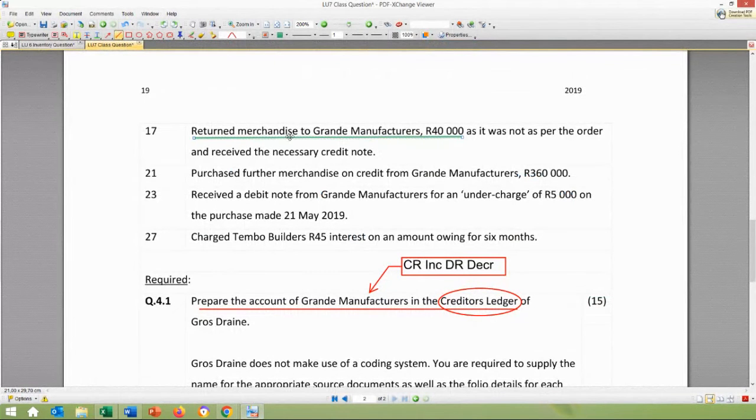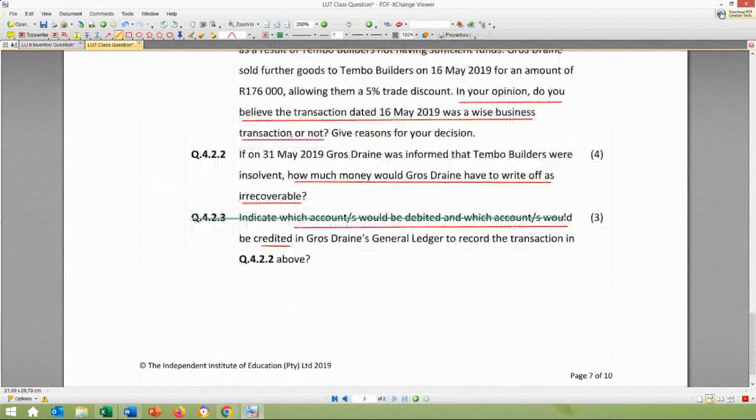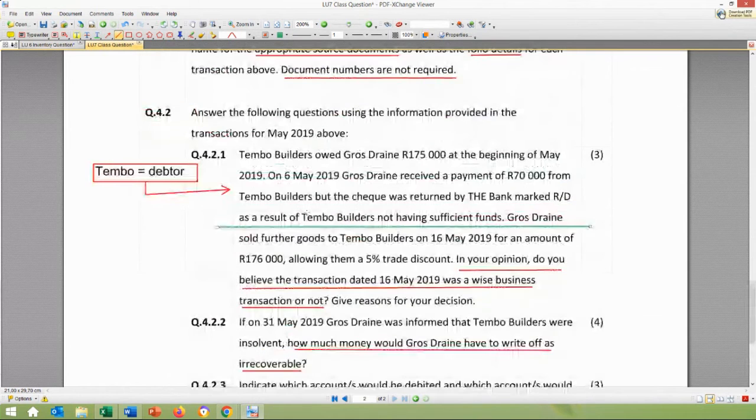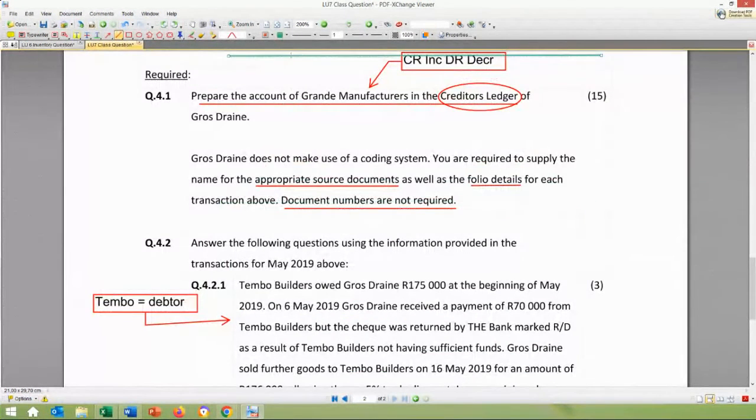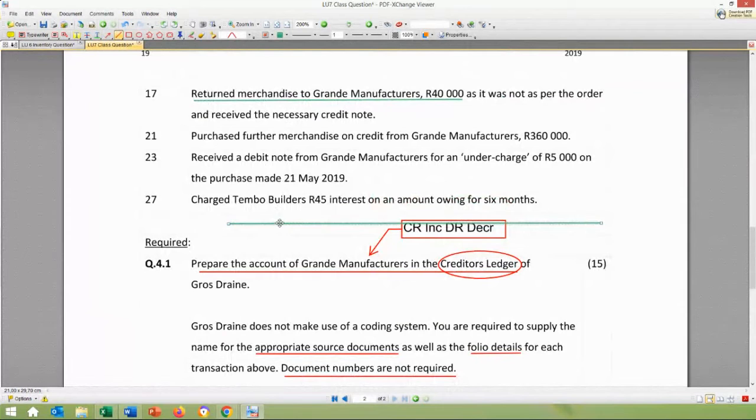Then we purchase further merchandise from Grand Manufacturers for 360,000.